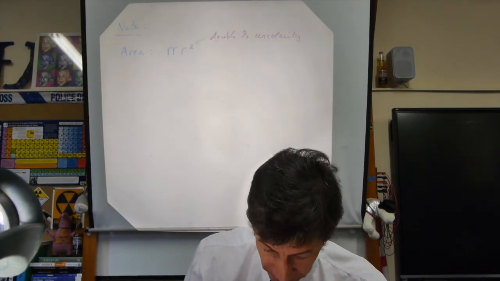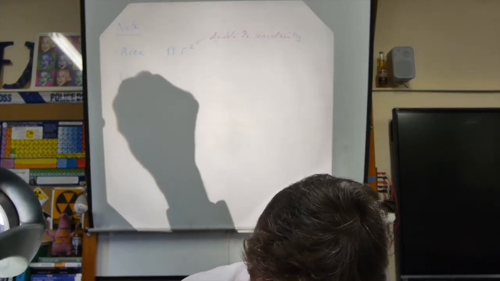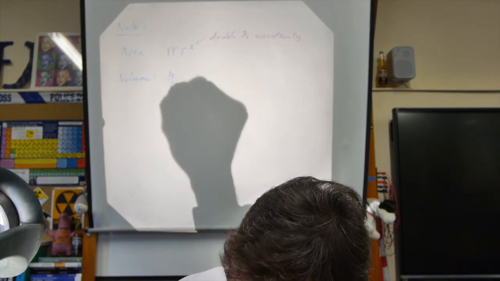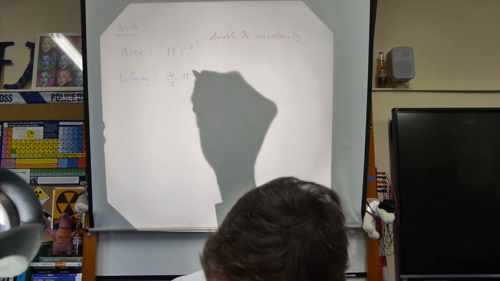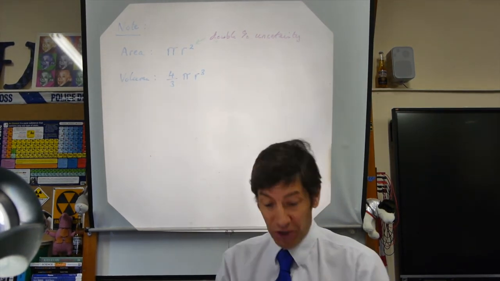But what about if you do something like the volume of a sphere, of a football? So volume, 4/3, which is just a number, pi, just a number, r cubed. Well, I think you've got it now, haven't you?